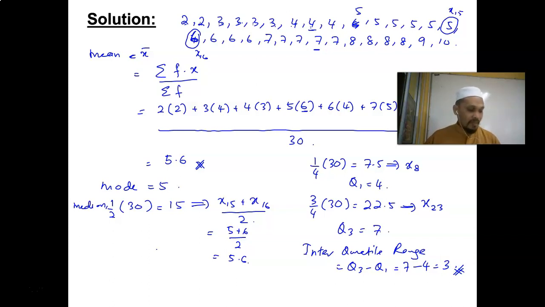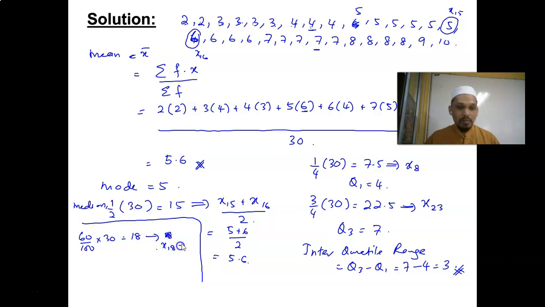And the last one in the question, the 60th percentile. I make a space here, 60th percentile, which is 60 over 100 times 30 equal to 18. So we take the 18th observation, X18 plus X19 divided by 2.